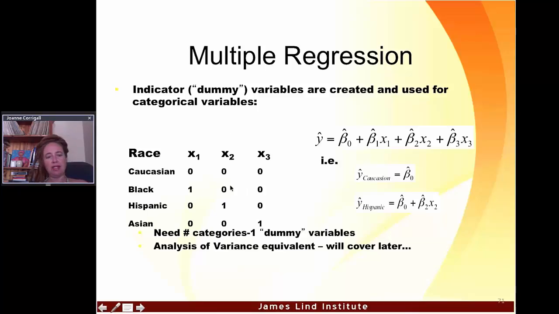And then you can see here we've got, let's say, 4 categories of race. So we might make one of them neither x1, 2, or 3. So you've got 0, x1 would be black, x2 Hispanic, x3 Asian. And then this is what the formula would look like that we would create, okay?